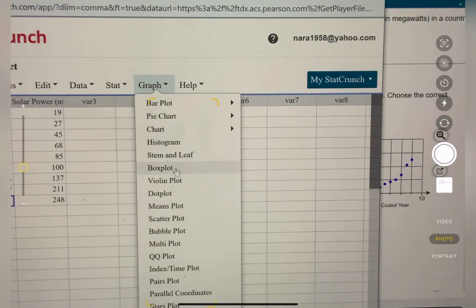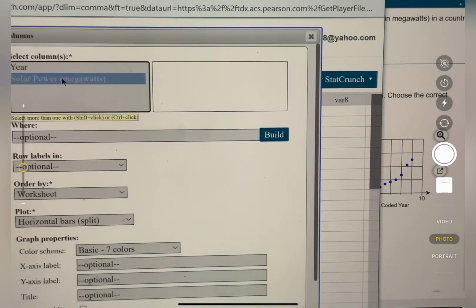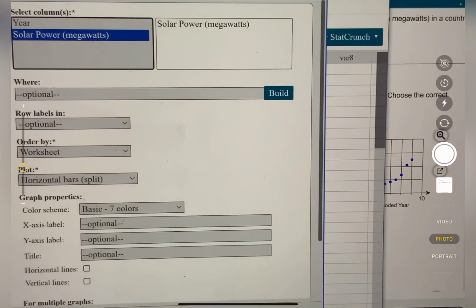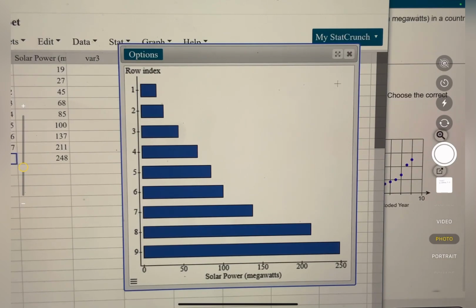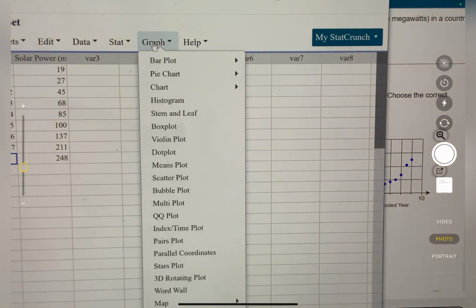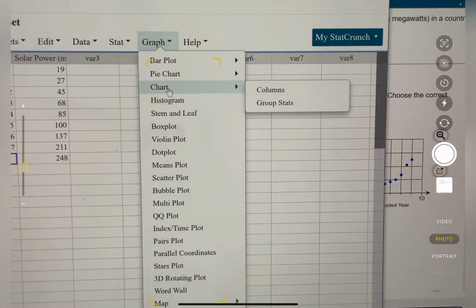So let me see, chart column, solar power. It's supposed to be scatter plot.